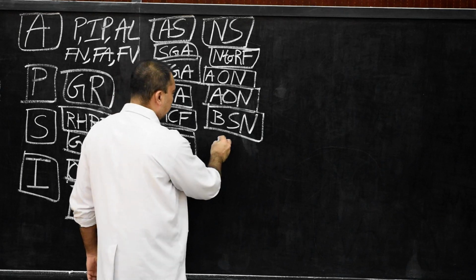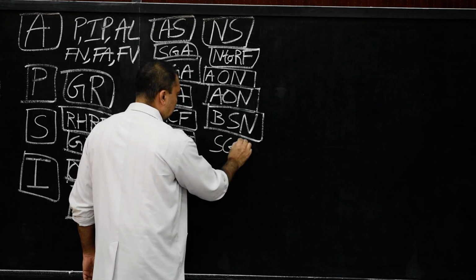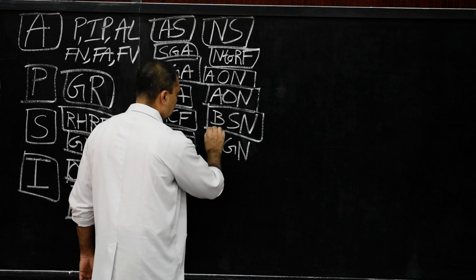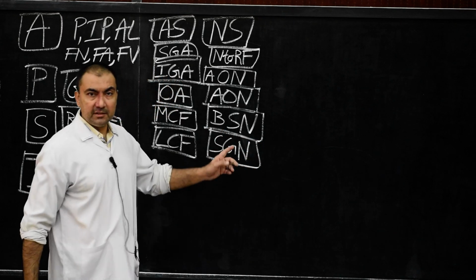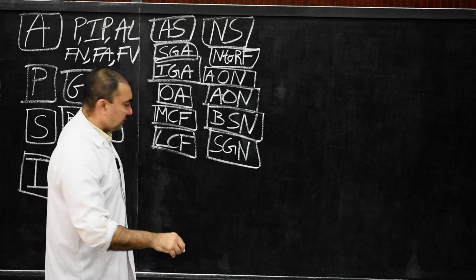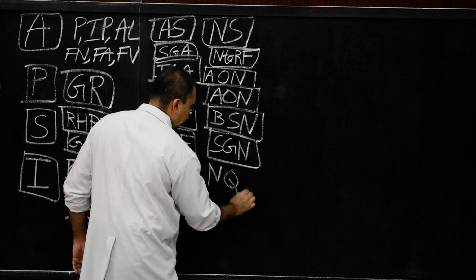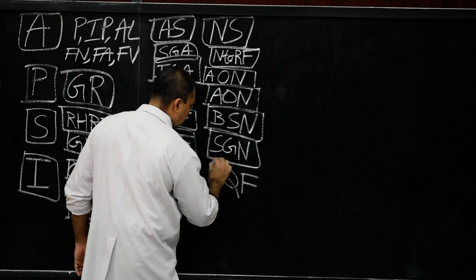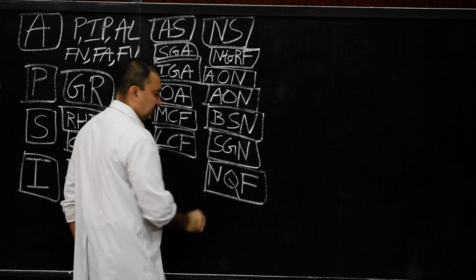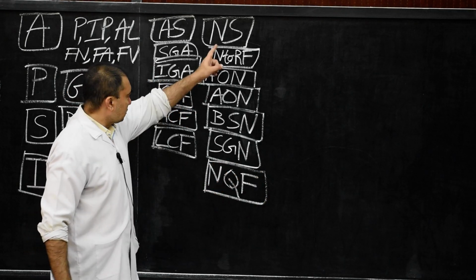Then fifth one will be superior gluteal nerve. And the last one, sixth one will be nerve to quadratus femoris muscle. Total 6 nerves.